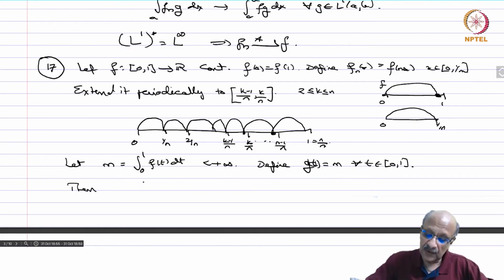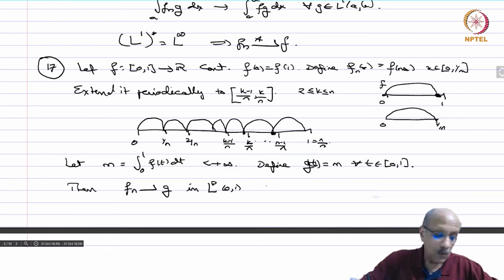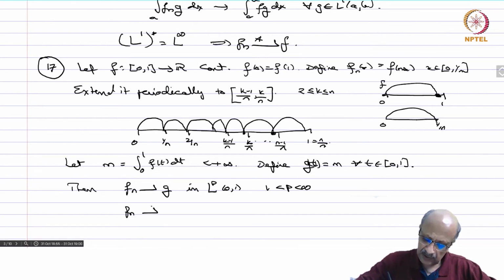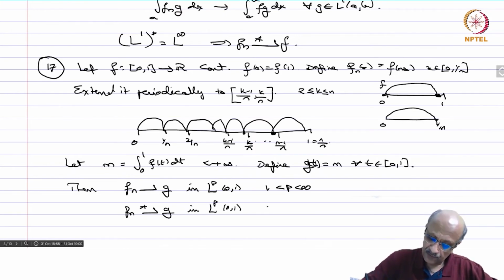And therefore you have Fn weakly converges to g in Lp(0,1), 1 less than p less than infinity, and Fn weak star converges to g in L infinity(0,1).